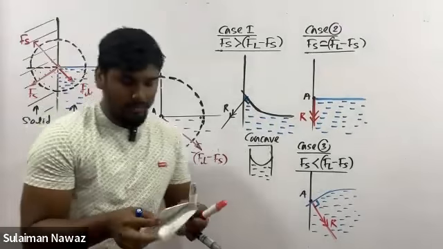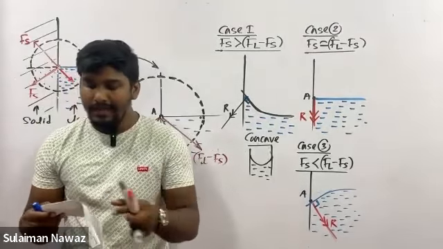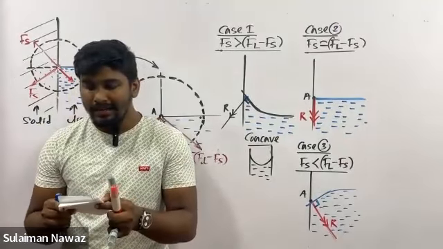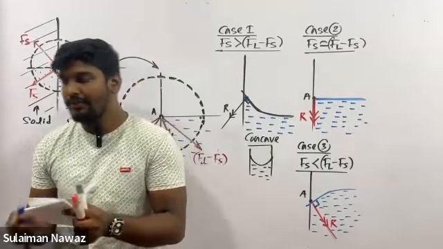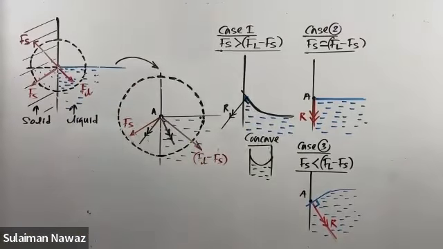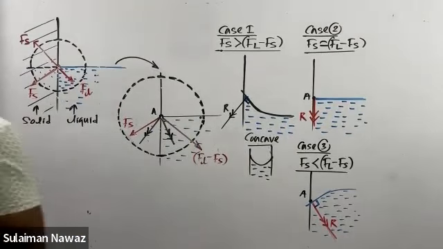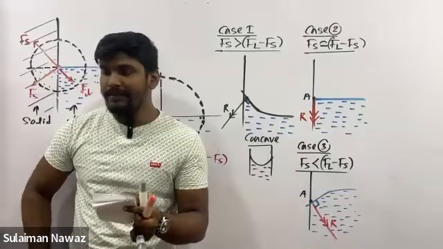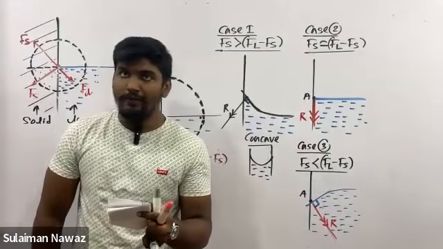Right. Now write down: here the resultant attraction force on liquid molecule A should be closer to FL minus Fs.